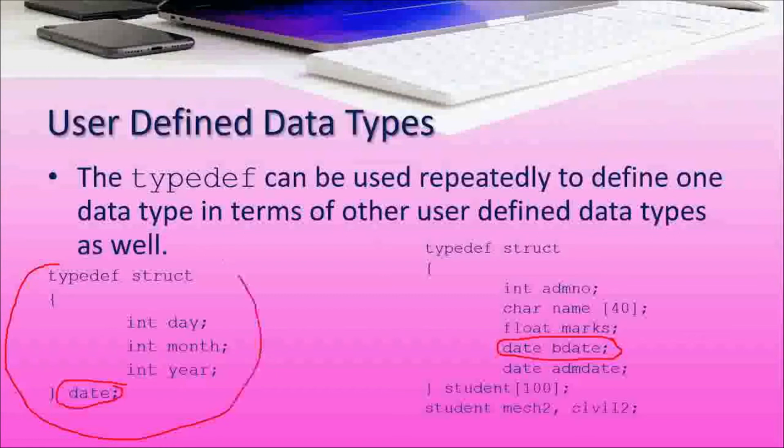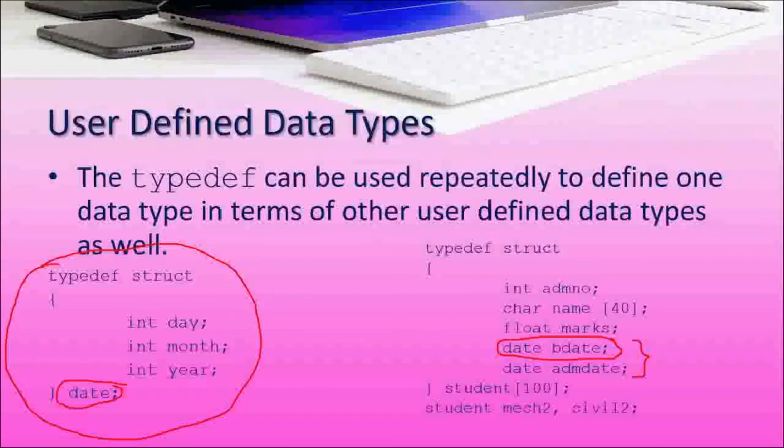So Date bdate, and Date ADM date, that is admission date. These two elements are of structure type, both defined as another structure type, that is the Date structure type.